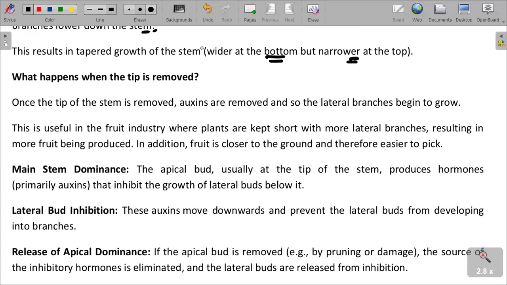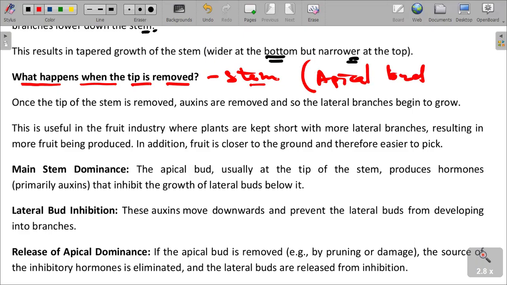So now we have got this main question that I want us to remember and to relate very well. What happens when the tip is removed? We are talking about the tip of the stem, the apical bud. If the apical bud is removed, what happens?